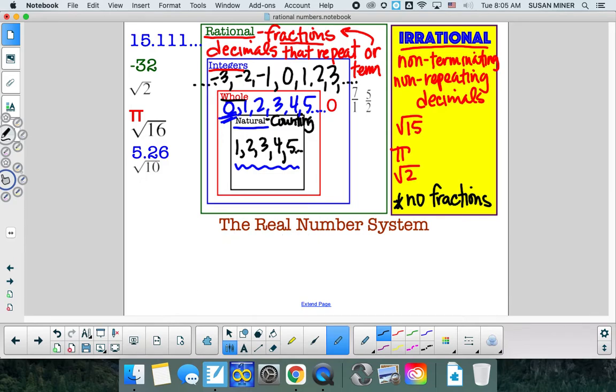Okay, what about the square root of 10? Well, I'm going to have to put the square root of 10 in my calculator and see, does it come out evenly? Does it come out as a decimal number? What have I got here? I'm going to do the square root of 10 in my calculator, and it gives me a big, long decimal number.